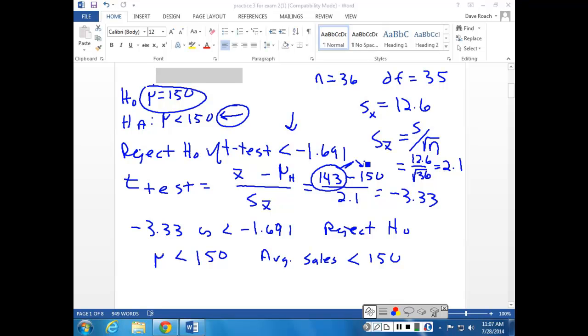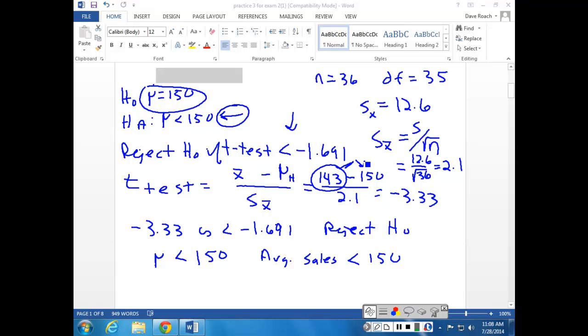I highly recommend that you use your calculator to go ahead and check these. Plus, in any of the problems with the t-test, we're going to use our calculators to obtain the p-value. So I'm going to just do stat, tests, t-test, mu0 is 150. Make sure you're entering stats, not data. X bar is 143.